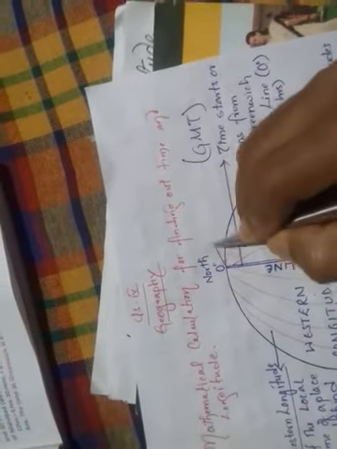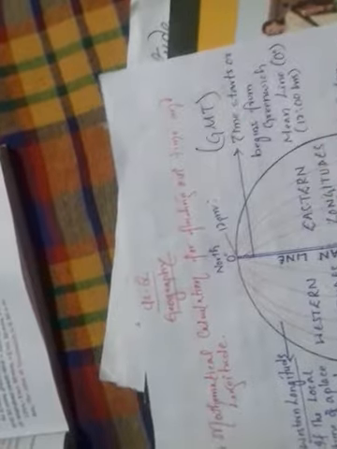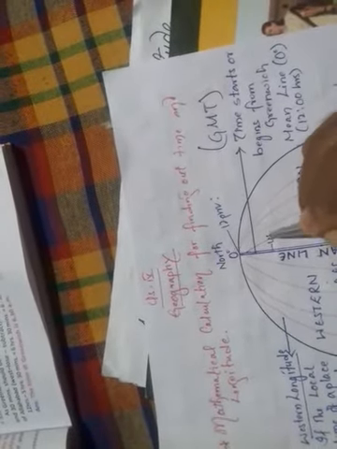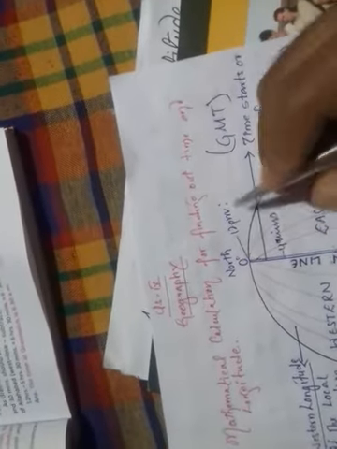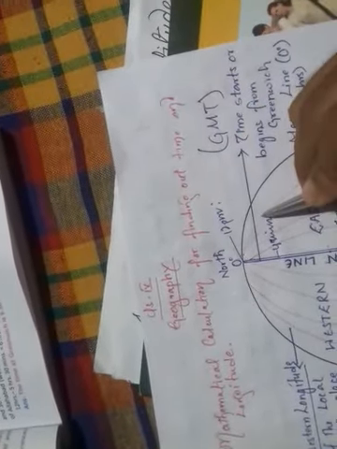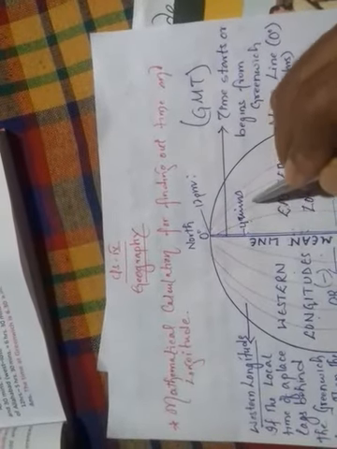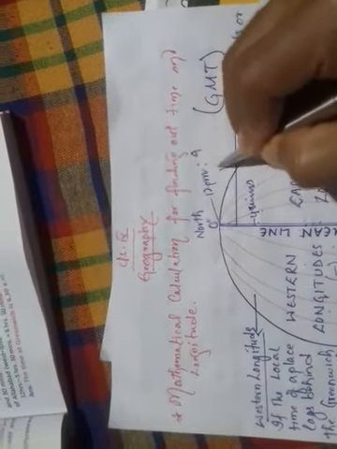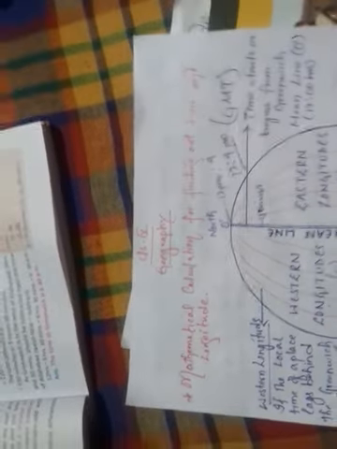Suppose the local time of GMT is 12 pm. If you move 1 degree longitude, 4 minutes gets added. So what will be the time at 1 degree longitude east? 4 minutes past 12 pm.